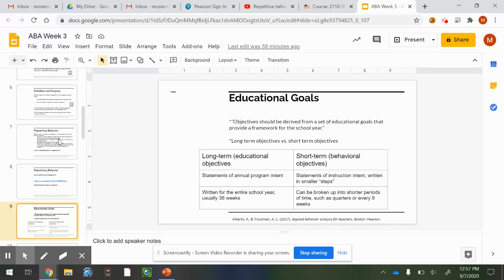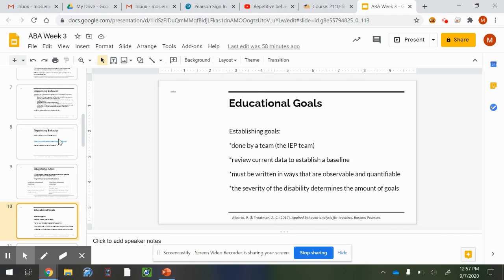So a short-term objective is meant to provide statements of instruction intent written into smaller steps. So what do we want to see that progress look like as we progress through the school year? Typically broken up into shorter periods of time, such as quarters, every 9 weeks, trimesters. It's kind of those baby steps to get to the long-term goal.